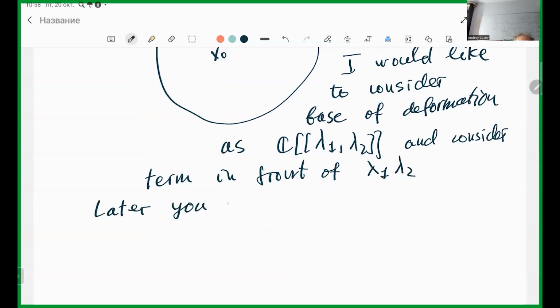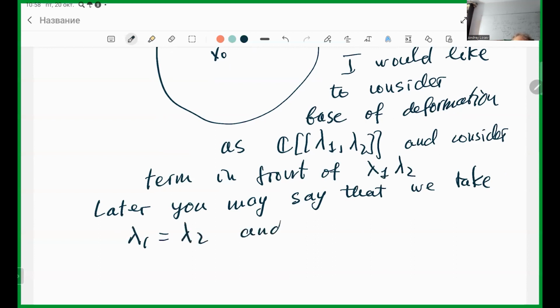Later you may say that we take lambda 1 equal to lambda 2, and the term lambda 1 lambda 2 goes to lambda squared.